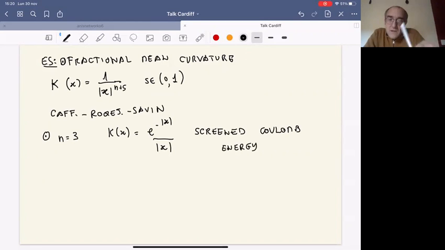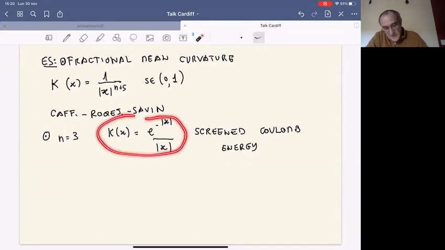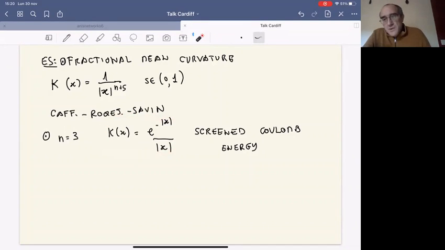It is more natural if I consider this kernel here to study variational problems, stationary problems, more than evolutions. But I just want to give you a couple of examples of kernels which satisfy the assumption.